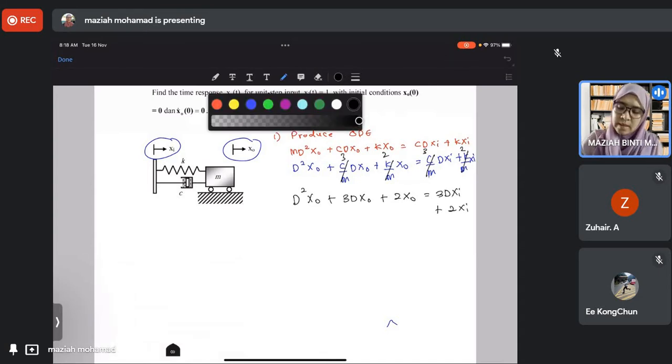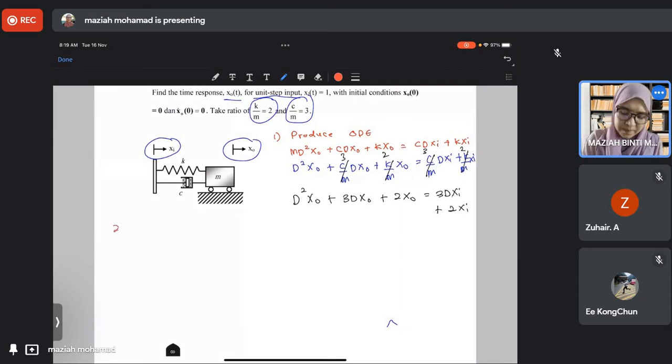All right, and then second step, Laplace transform. Okay, so we're going to convert the differentiation in the equation into the Laplace form.